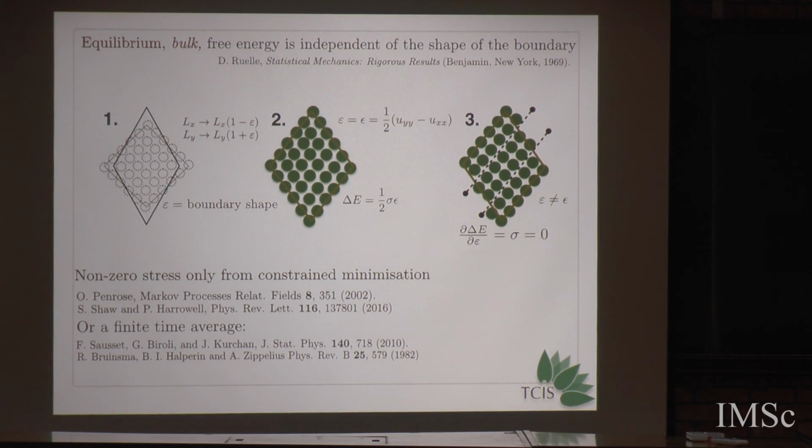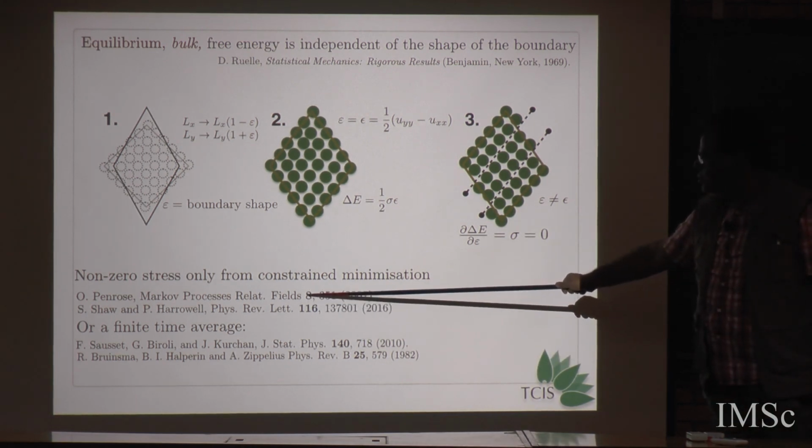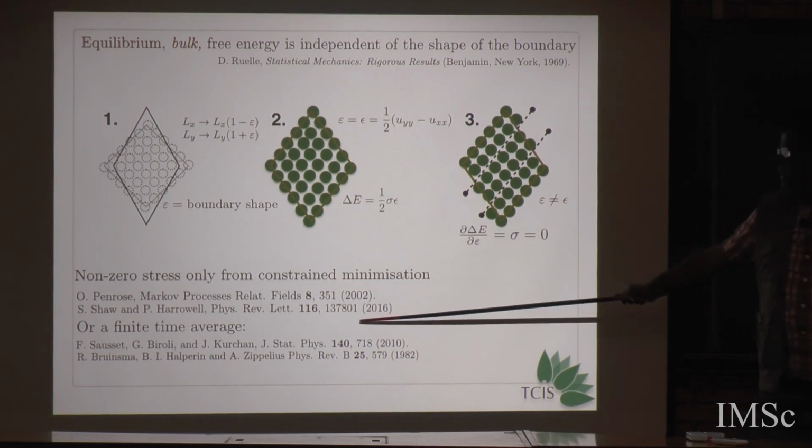So concepts like yield strength will not exist if you have thermal fluctuations and if you are looking at a very large solid in the thermodynamic limit at infinite times. Okay, so I'm going to talk about some models which explicitly show you how a constrained minimization will actually give you rigidity.